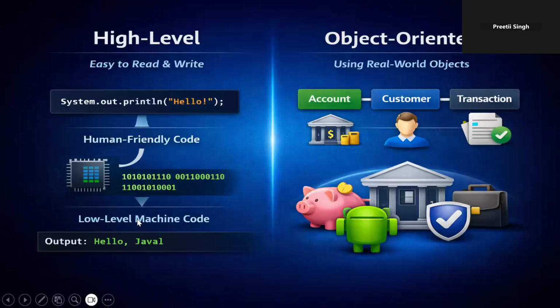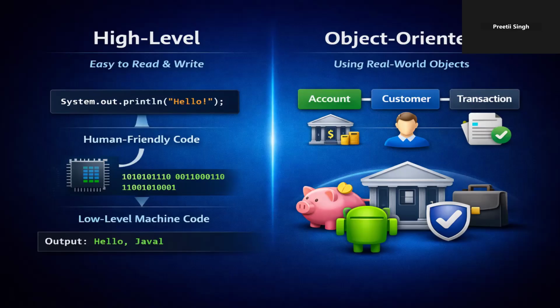And object-oriented is the magic behind Java's design. It means we build programs using objects, small reusable pieces that represent real-world things. That's something we call an object. For example, if you are coding a banking application, you might have objects like account, customer, and transaction.